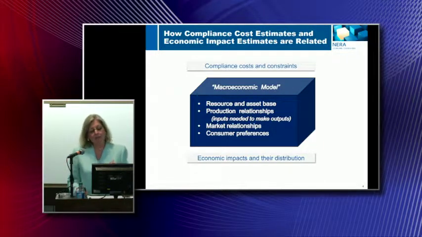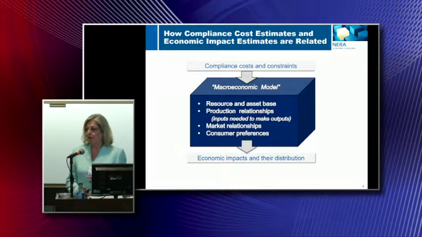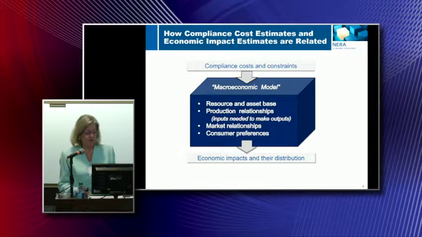A lot of other people might call this a black box, and I like to keep my slides from being too drab, so I made this box blue. But the main point is they are related by filtering the cost estimates into the economic model, and out come the economic impacts depending on what kind of model you have and what features it has, what types of relationships it has.